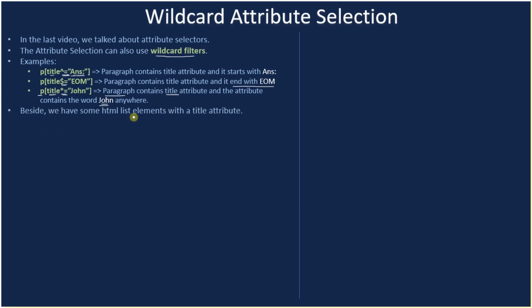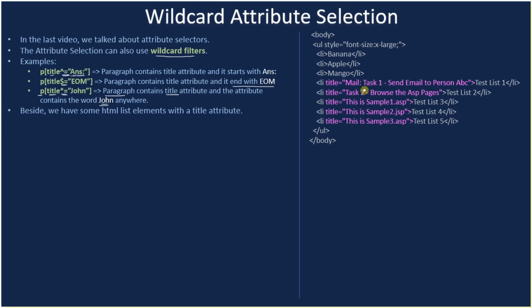Besides, we have some HTML list elements with the title attribute, and this time we are using a different HTML. You can see we have multiple list items, and some list items have the title attribute.